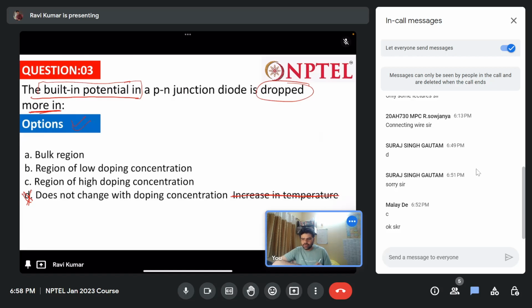And it is depending on the concentration. So, will it be high at high concentration? You just go with that width one, no? Width is inversely proportional to this concentration or doping. PN junction diode built-in potential will drop. Where? High doping area or low doping area?